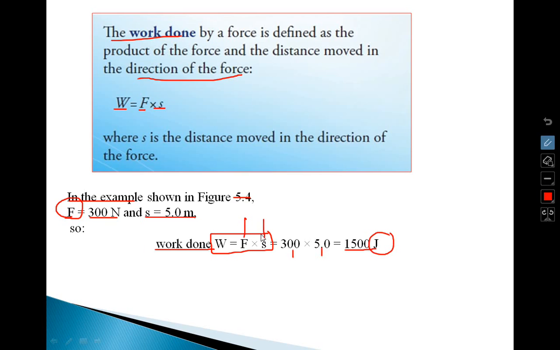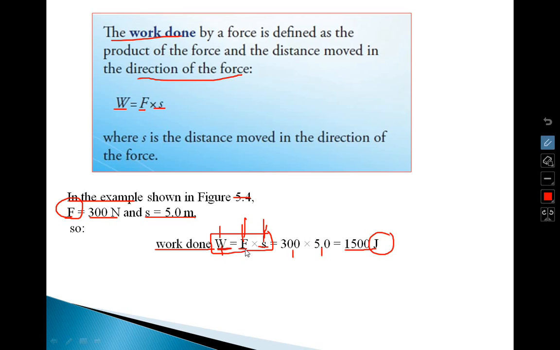The work done is equal to F times S, and the value of the work depends on F and S. If F is higher, the work is more. If the distance is greater than the previous one, the work is higher.